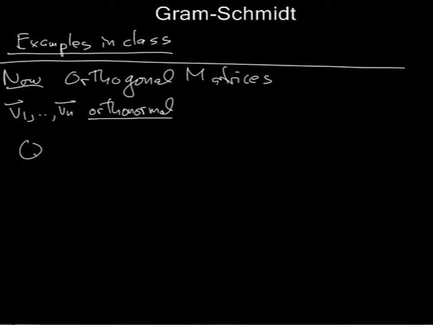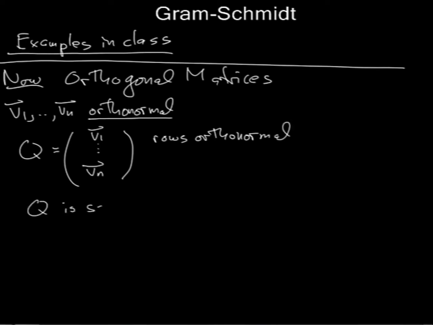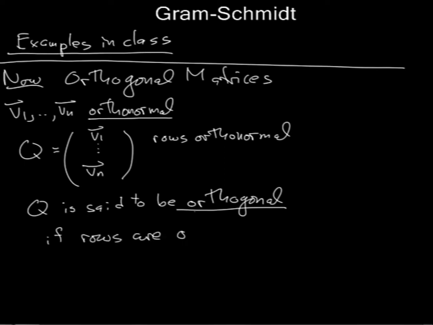They're an orthonormal basis, and make them the rows of a matrix Q. That is to say, the rows of Q are orthonormal. Well, if that holds, then Q is said to be an orthogonal matrix. That is to say, by definition, a matrix is orthogonal if its rows are orthonormal.